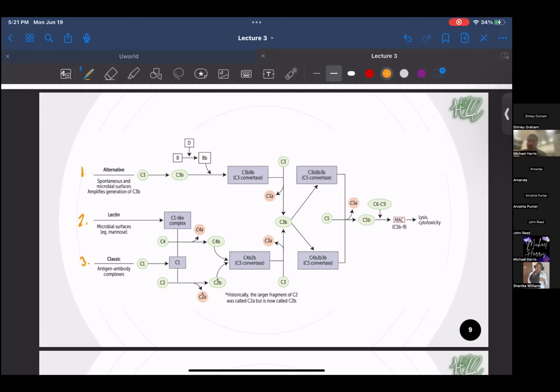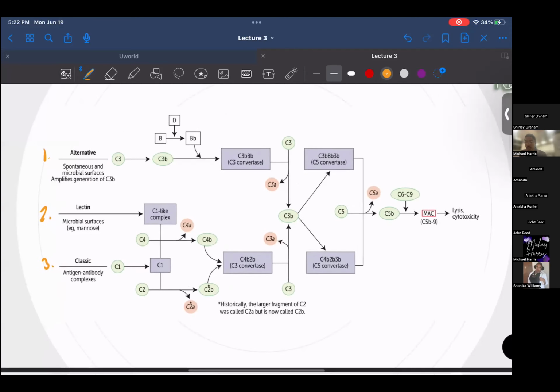You need to know that the classical pathway deals with antibodies, because they could give you a vignette where a patient has hypogammaglobulinemia, so they have low antibodies, and then they ask you something along the lines of: this patient is still able to produce complement and produce a MAC complex. How is he most likely able to do this? Or which pathway is it utilizing? Something along those lines. So you still have to know what these pathways are.